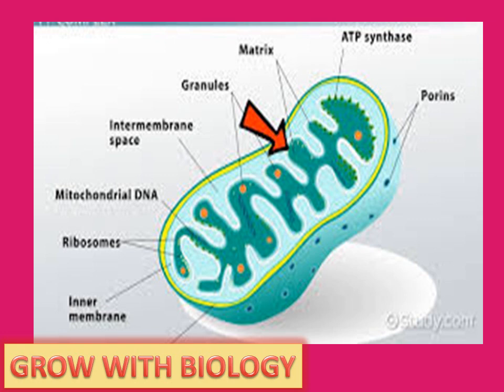Here we can see that the inner membrane of mitochondria has foldings known as cristae, whereas the outer membrane is smooth. The inner membrane has ATPase particles, the outer membrane has porins. There is a matrix present inside.